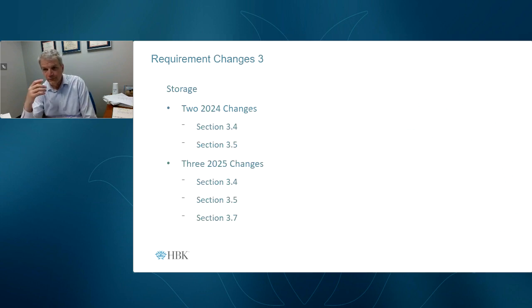So moving on to requirement changes on 3, our storage requirement. We had 2 immediate changes go into effect and 3 changes that go into effect April 1st, 2025. Section 3.4 deals with your PAN number, which is basically your credit card number and its expiration date and CVV, credit card security numbers, as well as 3.5, which deals with some specifics on truncation.